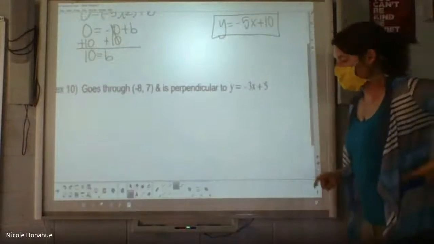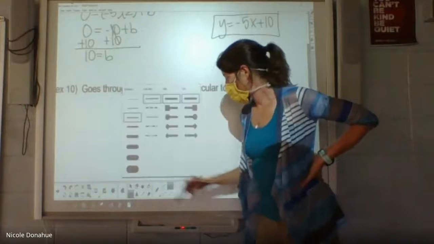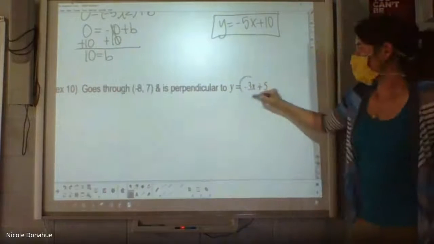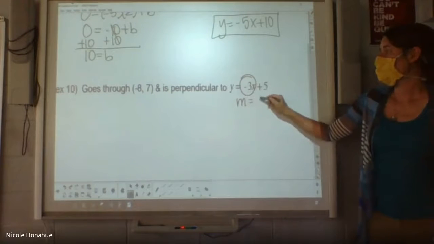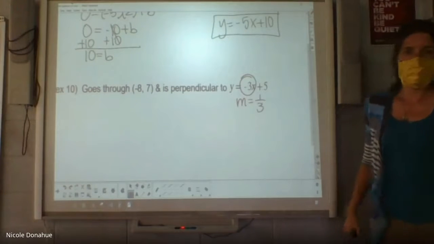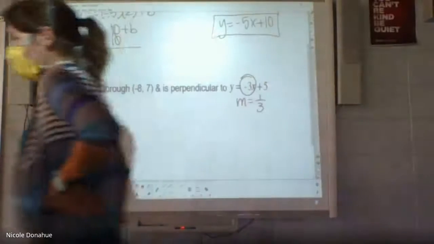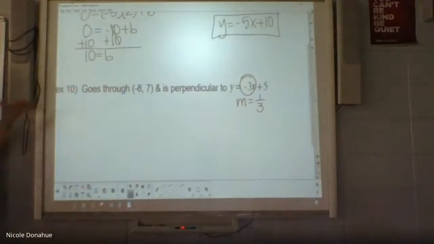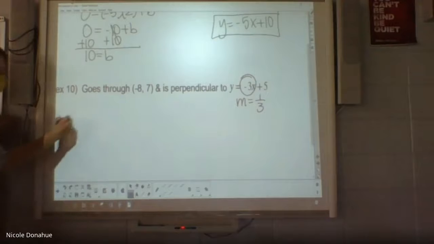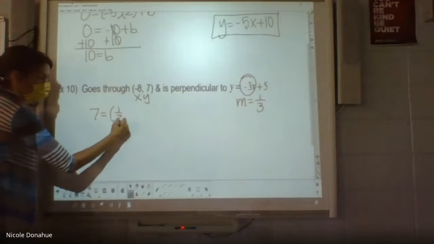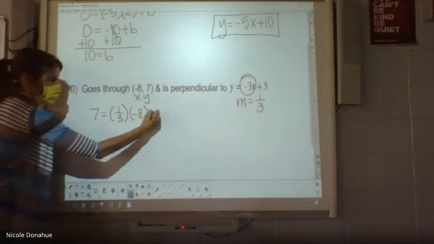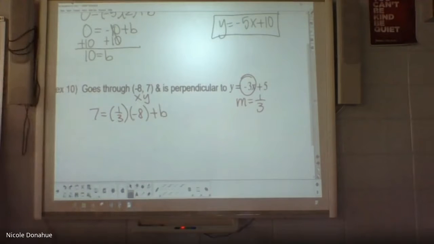Now this time, it's perpendicular to this -3, so our slope becomes what? 1/3. We have to flip it over and change the sign. But the issue is, I'm going to take 1/3 of -8, and that's not a nice number. So we are going to have to use a little bit of decimals here.